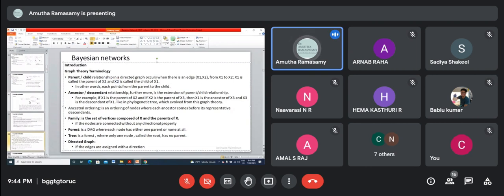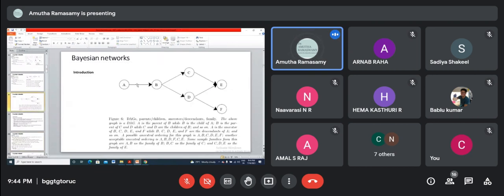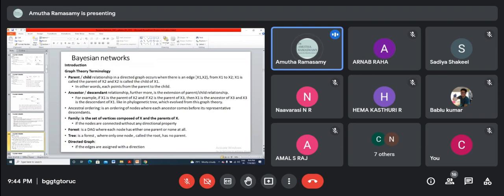So you are getting an edge between A and B, and B is the child of A, and A is the parent of B. That's what I have put in x1 and x2 edge, but it is flowing from x1 to x2. So x2 is the child, x1 is the parent.